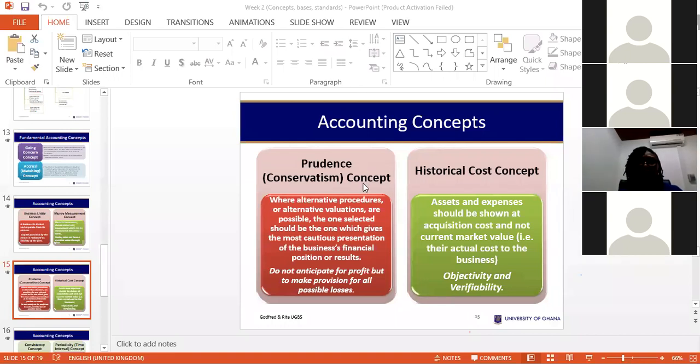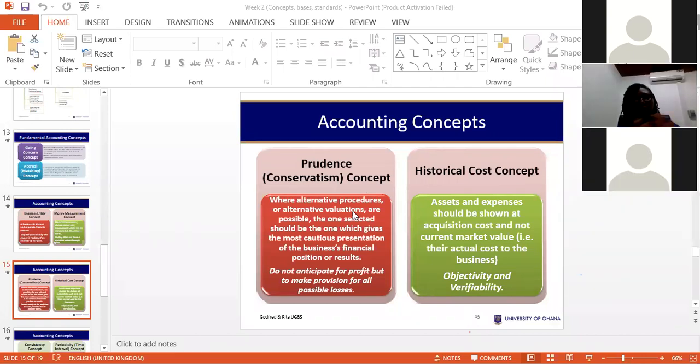So the prudence concept, I'm saying that there are various procedures and various valuation methods that allow us to do one or two. You come to realize that sometimes in the accounting standards, you may opt for method A or you may opt for method B. For those of you who have done accounting before, depreciation methods: you have straight line, you have diminishing balance.